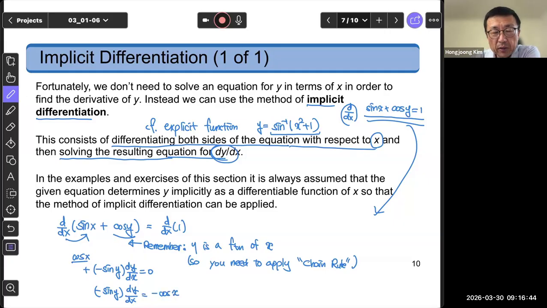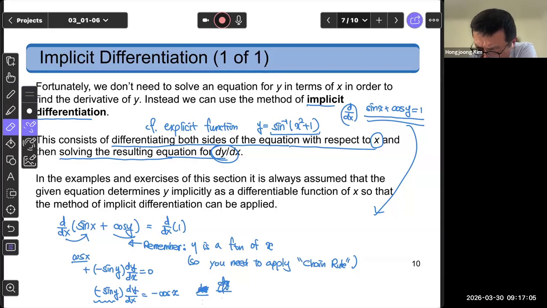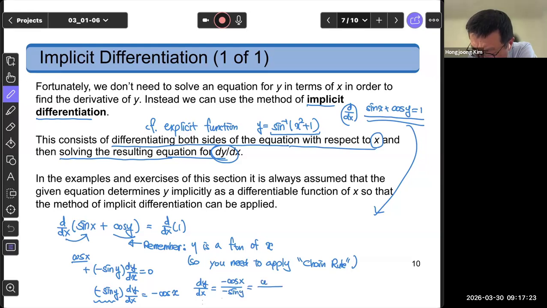By dividing this equation by the coefficient of dy dx, which is negative sine y, dy dx will be negative cosine x over negative sine y, so that you get cosine x over sine y.